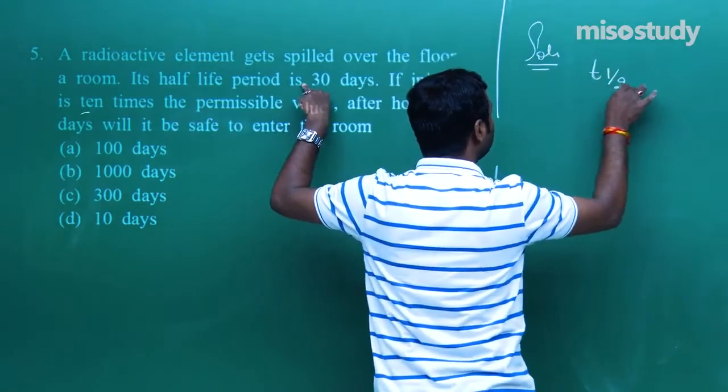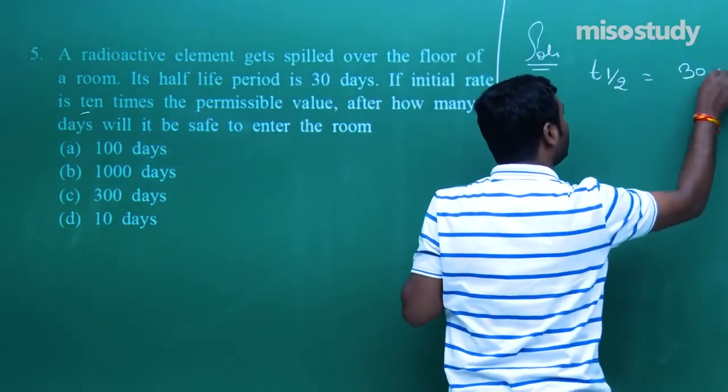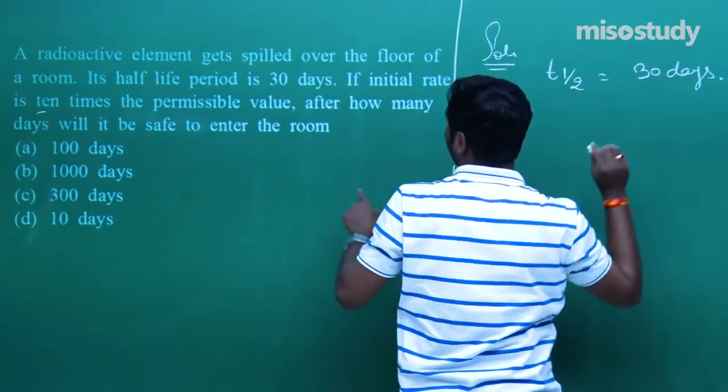Here is given T half is equal to 30 days, my friend. Yes, sir. What is given here?